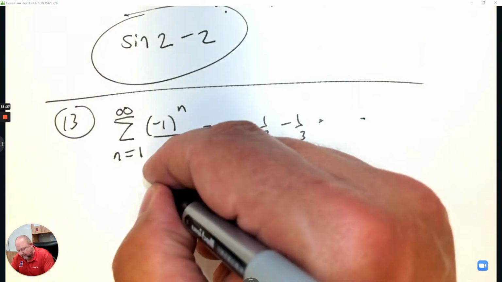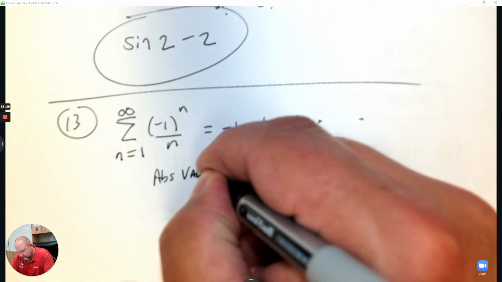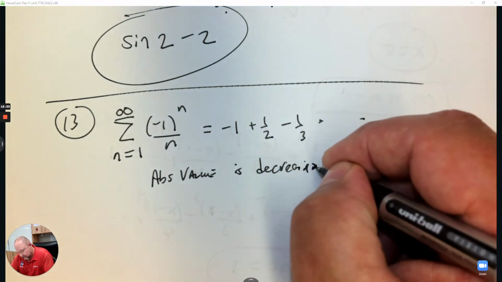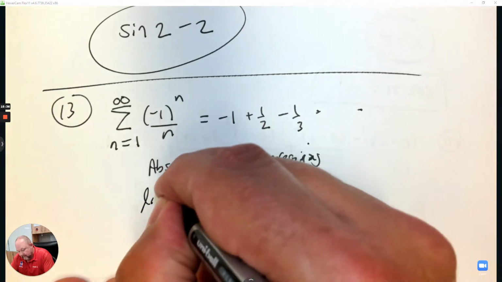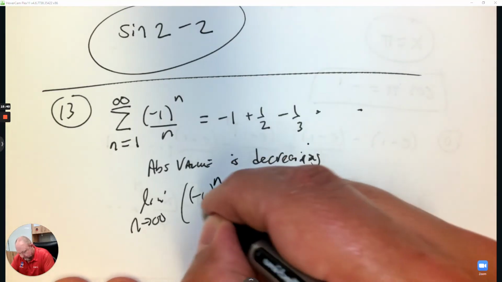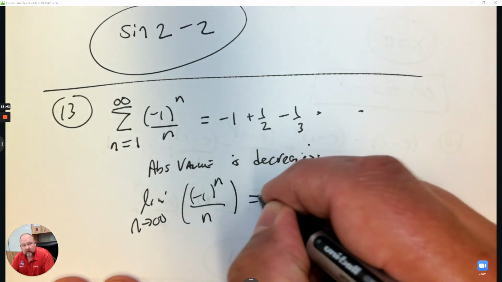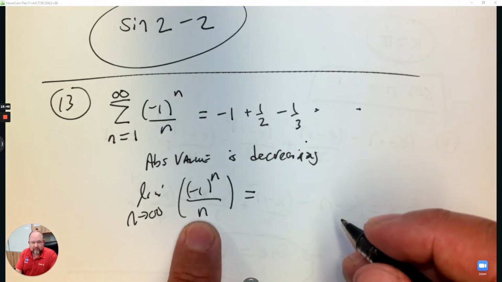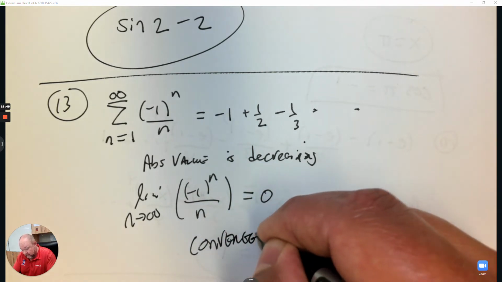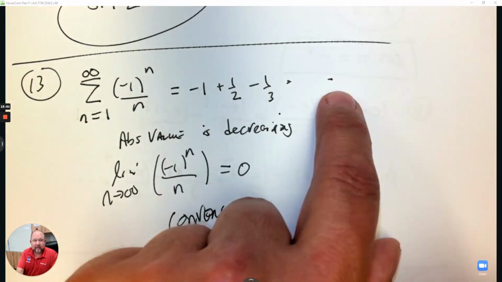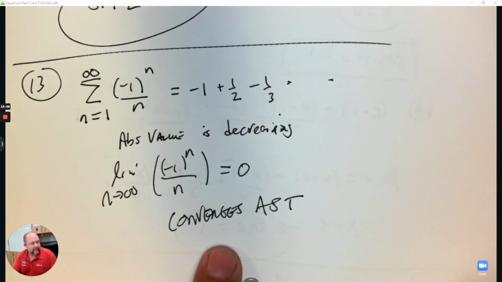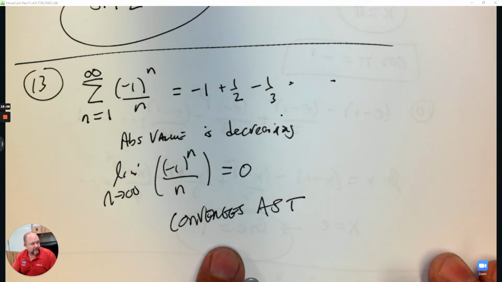So first of all, the absolute value is decreasing. Then the limit as n approaches infinity of this, it is more powerful on the bottom, so this is going to 0, so therefore it converges. It needs both the absolute value that's going down and it converges to 0, so it converges by the alternating series test.